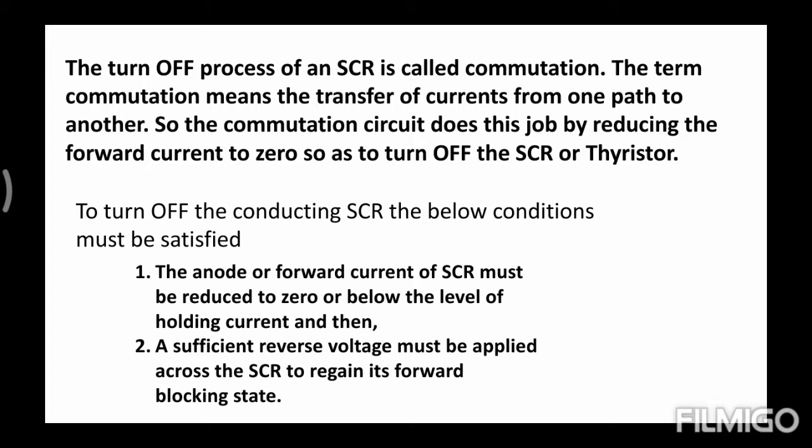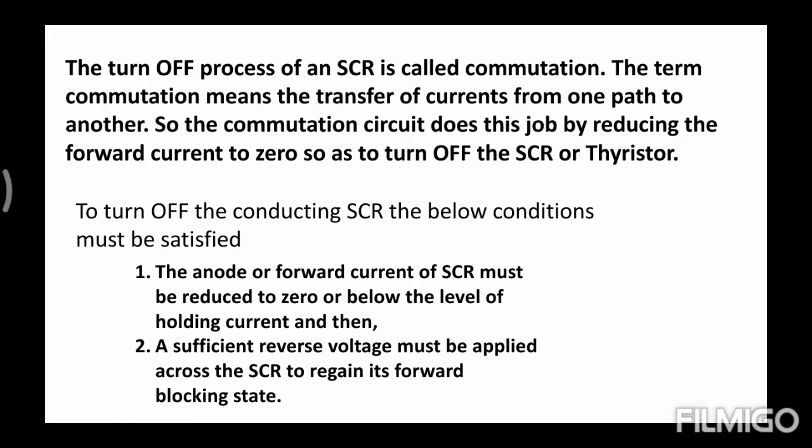Here we use the term transfer of path, and transfer means nothing but changing the direction of current. So the commutation circuit does this job by reducing the forward current to zero, to turn off the SCR or thyristor.